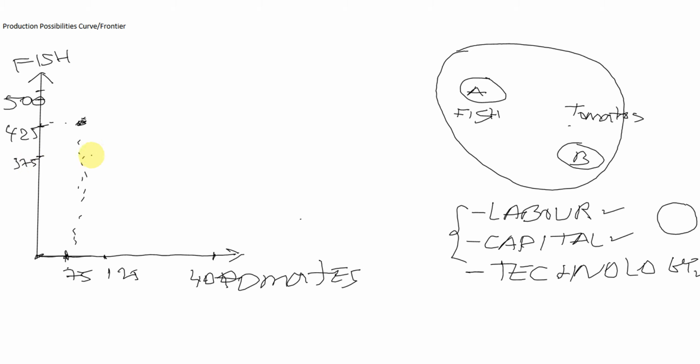So now the maximum production that we achieve is 125 of tomatoes and 375 of fish. Then this will be the point here. And in that fashion, we keep moving from fish to tomato production. Say this is another point where we produce more tomatoes and less fish, and so on and so forth.